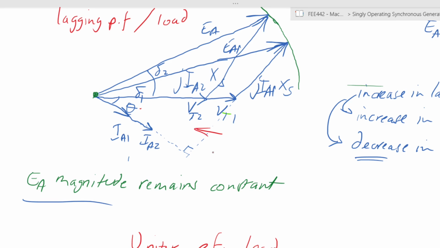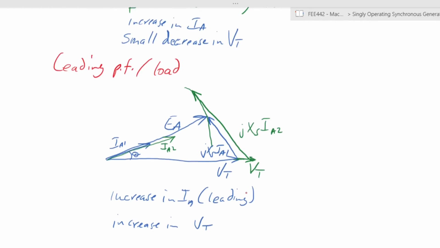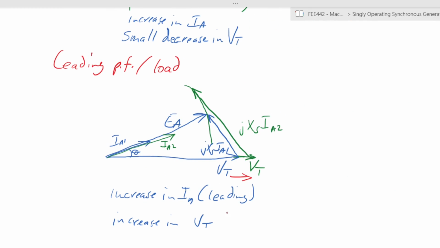And the same case here, you had a decrease in terminal voltage. But when you have a leading load, suddenly you find that your terminal voltage is actually increasing, okay? This is an interesting characteristic of leading power factor loads. These are capacitive loads. Capacitive loads tend to have an effect of over voltage. Instead of dipping in voltage, there is a jump in voltage. So if you have highly capacitive loads, an increase in that terminal voltage will be caused by those capacitive loads.